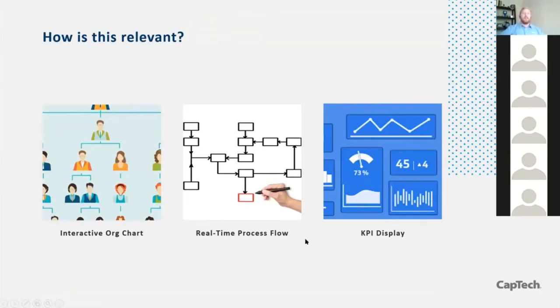Sweet, thanks, Travis. One last thing before we open up to questions, we wanted to shed light on how we could bring this to our other work and to our clients, or to other fun projects that you might be working on. Some of the ideas we thought of were first building out an interactive org chart or a real-time process flow chart using the bracket that Travis demoed.